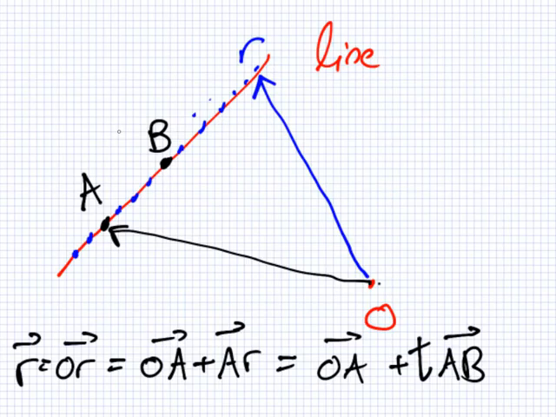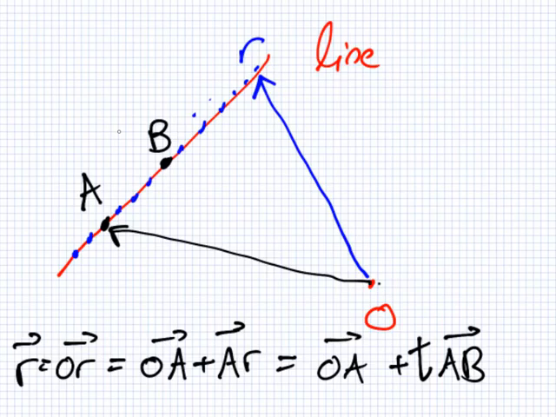So for example, if the T was 1, where would the OR be pointing? It'd be pointing at B. If the T was 0, A. What if the T was a half? The midpoint of A and B.